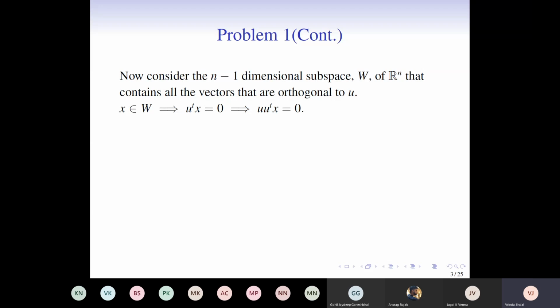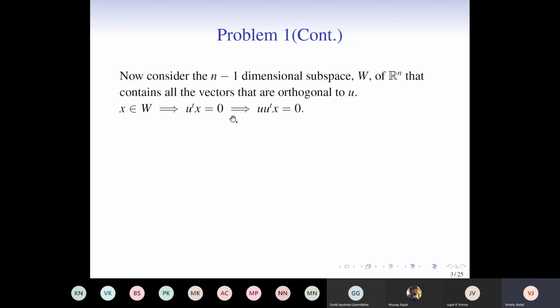So say those vectors are v1, v2, v3 up to vn minus 1. So X will be some alpha 1 times v1 plus alpha 2 times v2 and so on till n minus 1. And with each of those, U transpose Vi will be 0. So U transpose X will be alpha 1 times U transpose V1 plus alpha 2 times U transpose V2 and so on. So we'll get this.